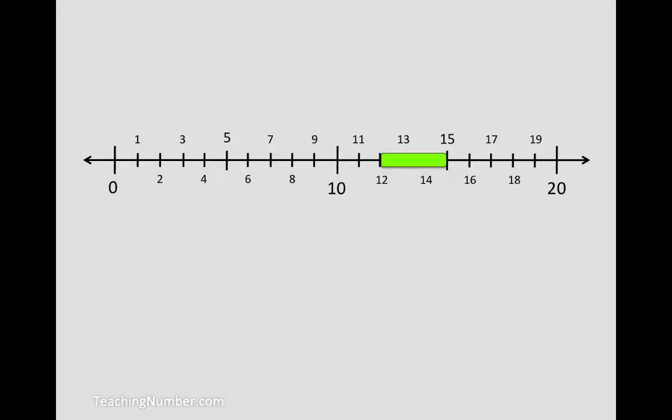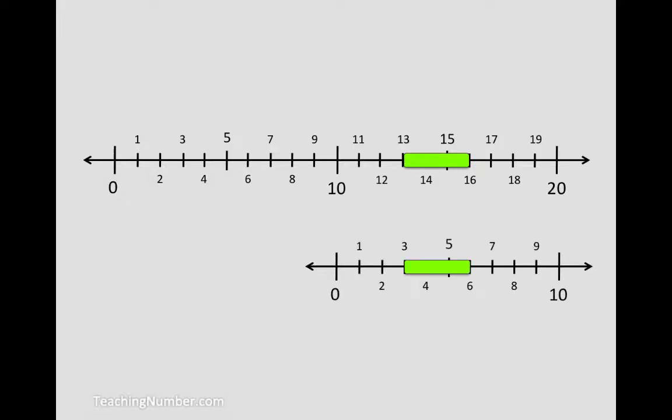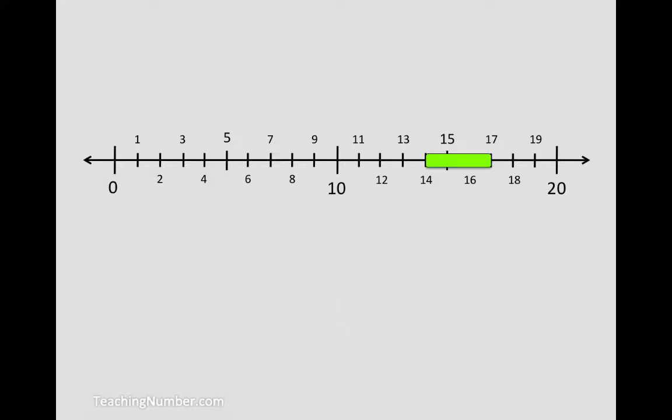The distance from 12 to 15 would be the same as the distance from 2 to 5. The distance between 16 and 13 would be the same as the distance between 6 and 3. The distance between 17 and 14 would be the same as the distance between 7 and 4.